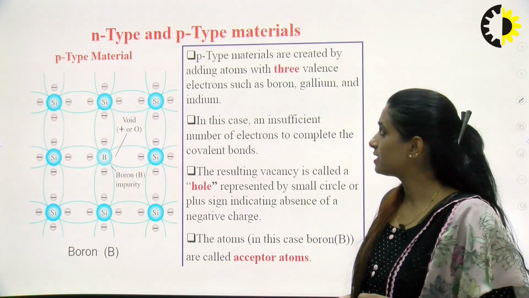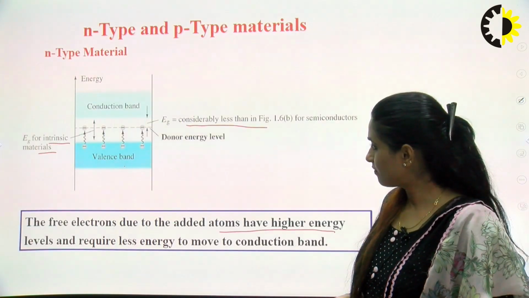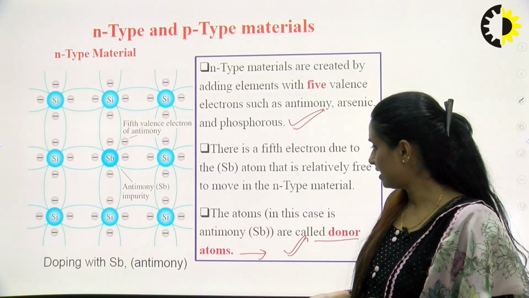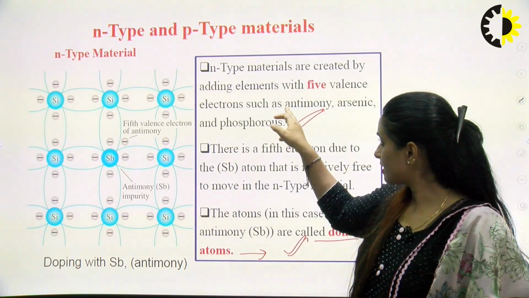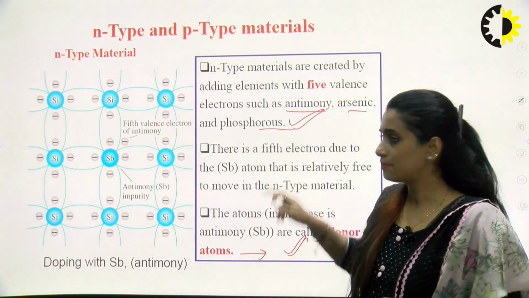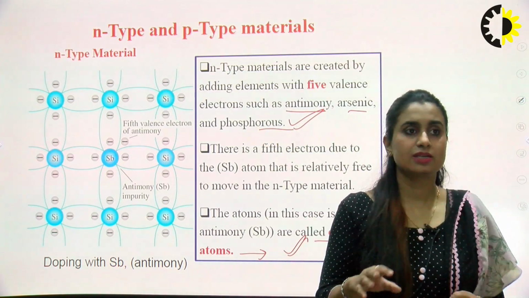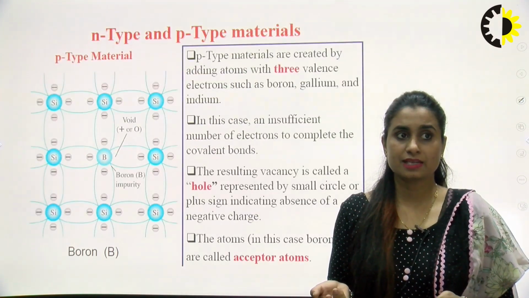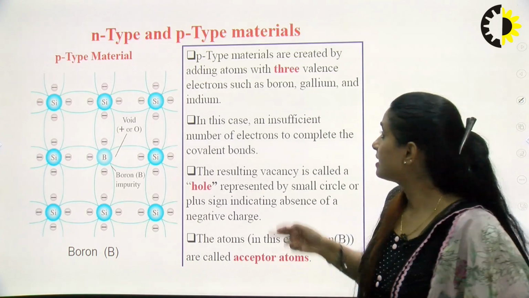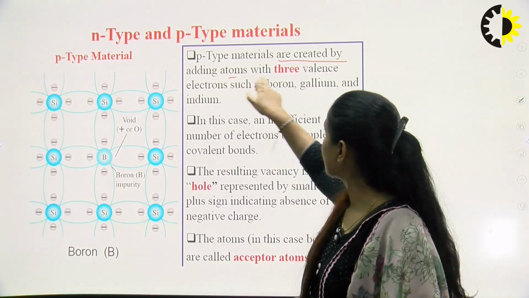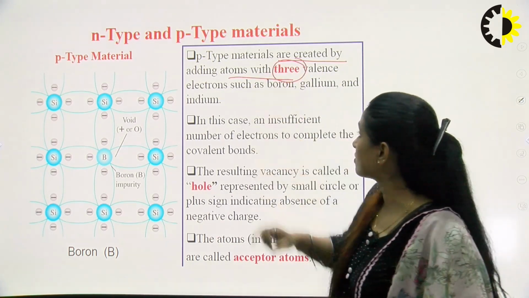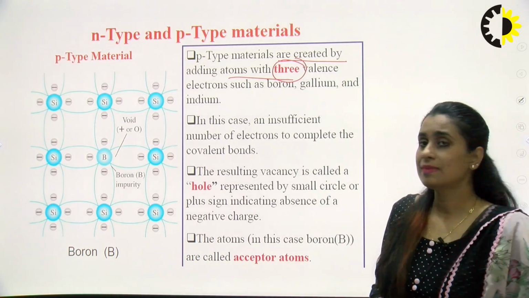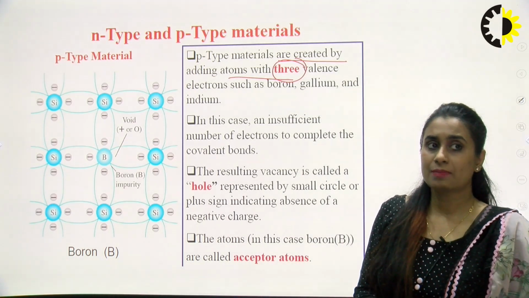What are p-type materials? So far we have discussed n-type material, right? These are the materials which can be used as impurity to be added to silicon to make n-type material. Now, if I talk about p-type material, p-type materials are created by adding atoms with 3 valence electrons such as boron, gallium and indium. What will happen here?